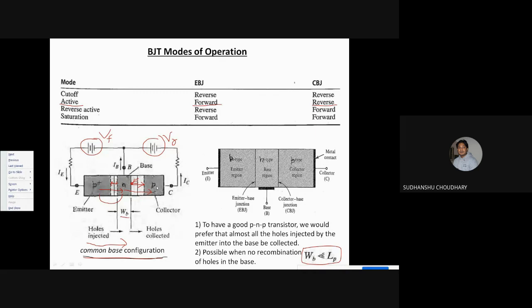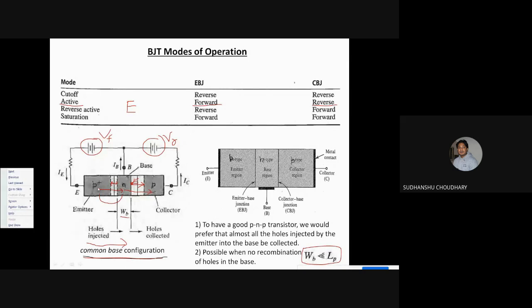In fact, the emitter is the largest, because it has to emit carriers. So the emitter is largest, the base is smallest. So that is actually the principle of current in a BJT.